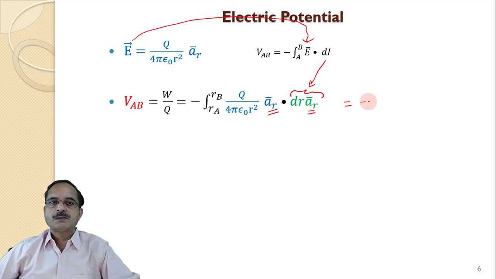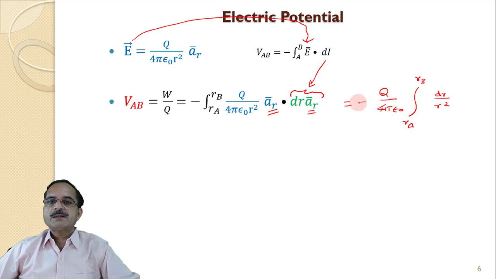So this simplifies to q upon 4 pi epsilon 0, this is taken outside, integral RA to RB, and this AR dot AR becomes 1. So finally this is dr upon r square.